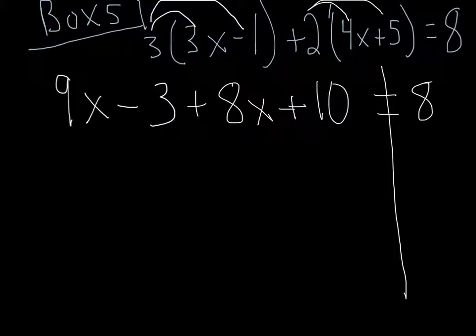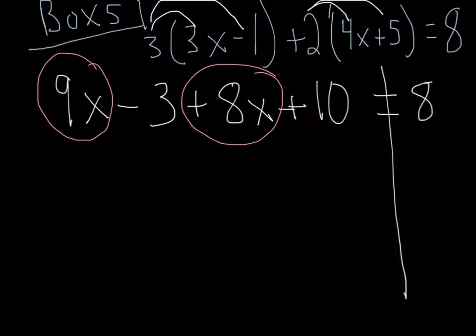So I'm going to look on the left hand side over here. The first thing I see is a couple of x's. I see a 9x and a positive 8x. So 9 plus 8 is 17x.